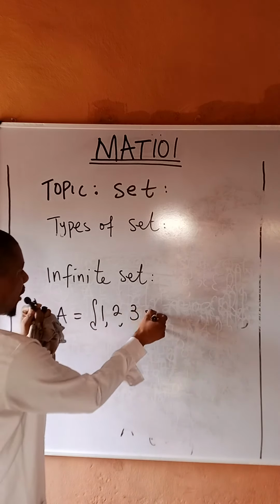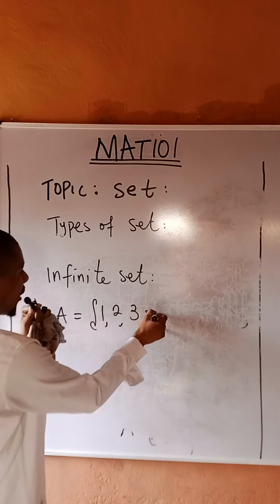If A is a set of x such that x is an element of the natural numbers, yes, this is infinite because the natural numbers cannot be counted.